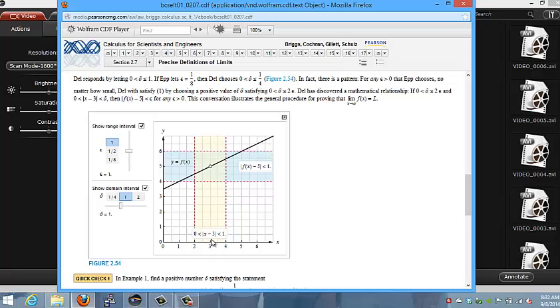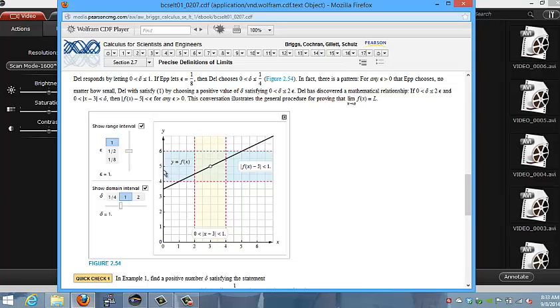Now check this out now. What does my delta equal here? 1. That's a small number, right? And if I take delta equal to 1, all my inputs are between 2 and 4. And it looks like my outputs are between, is that 4.5? And 5.5. So are we in the range between 4 and 6?